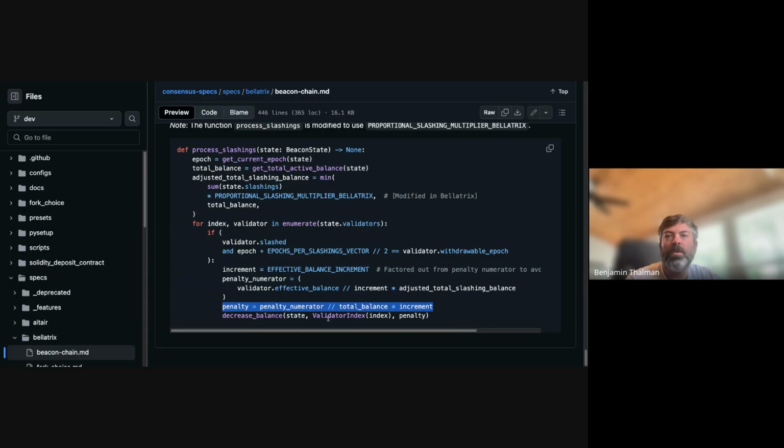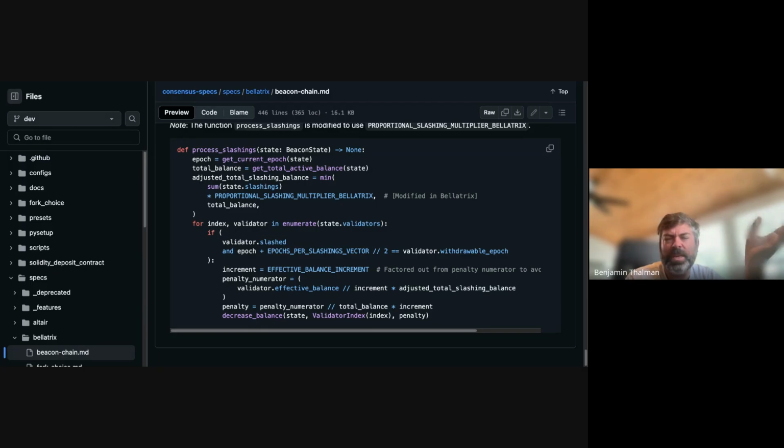Just take a piece of paper, write this out as normal division, substitute in penalty numerator, this part right here, and also substitute in adjusted total slashing balance. With some very basic elementary algebra, just moving things around, you'll be able to see that basically what's happening is your balance as a validator is having a proportional slashing multiplier removed from it. And the proportional slashing multiplier is just 3 times the percent of stake that's committed a slashable offense.